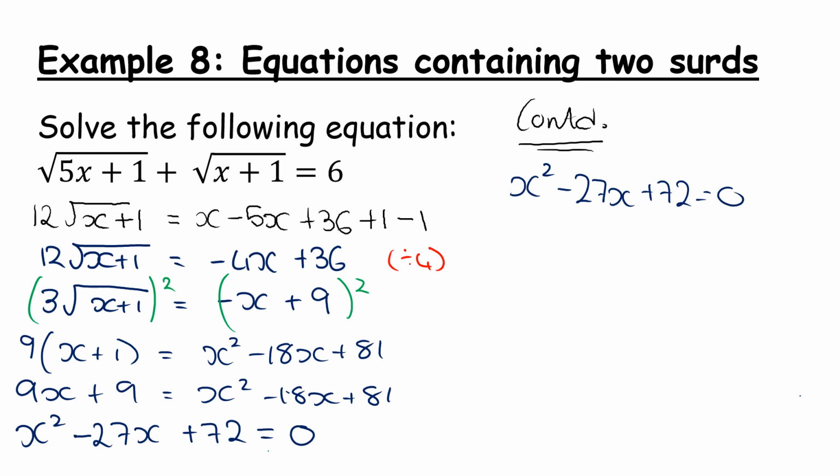So no problem using the guide number. If the numbers seem too big or you can't see the factors, then of course minus b is absolutely fine. So we're looking for the factors of plus 72 that add to give me minus 27, and that actually works out as minus 3 and minus 24.